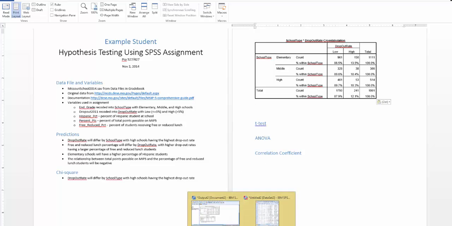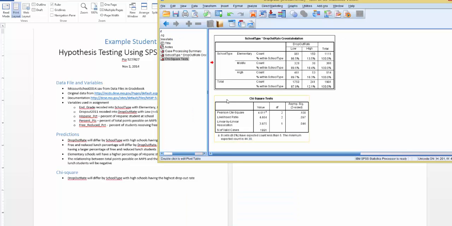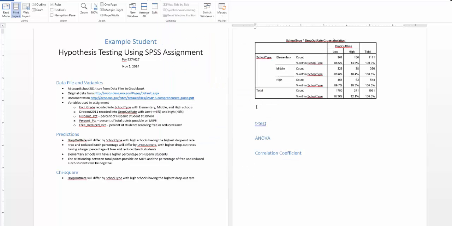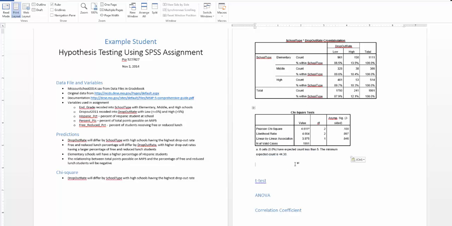Back to our SPSS. We're going to copy, back to our Word document, and paste. What we find, it's not statistically significant because the significance level is greater than 0.05.